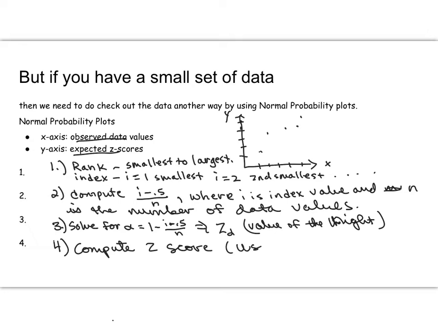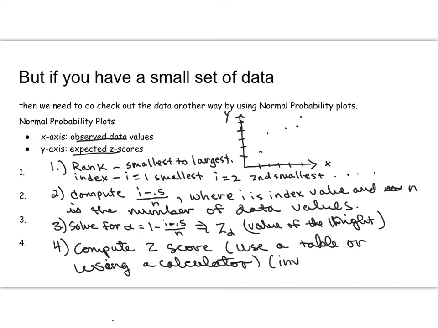Now you can use a table for that, or I recommend using your calculator. And in your calculator, it would be inverse norm, area to the right. So if I have a z alpha of 0.1, then I'm looking for the top 10%. Remember, alpha is the top percentage.